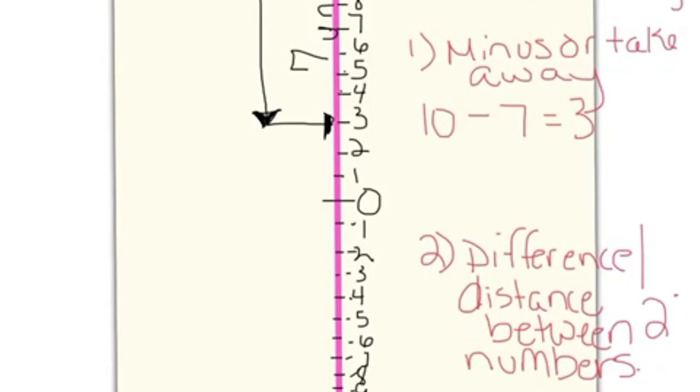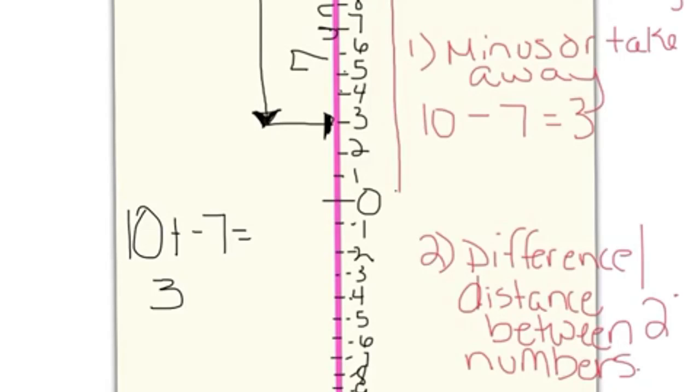The other way that you could have shown this would be if you used your KFC, you could have also shown this as 10 plus a negative 7, which also equals 3. If you wanted to show that on the number line, you take your arrow and move up 10 units, and then you go back 7 units.